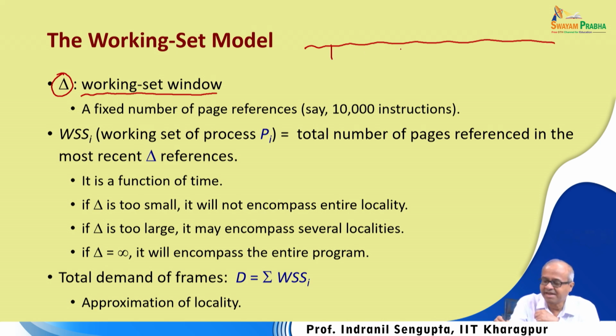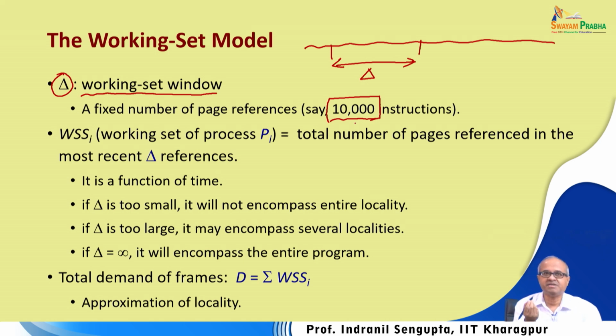Out of that, if I take any window of size delta, delta can be anything, let us say 10,000 references. Whatever pages are accessed within those 10,000 references will be contained in the working set window. So delta contains the set of all pages within these 10,000 references. That is how we define the working set window.